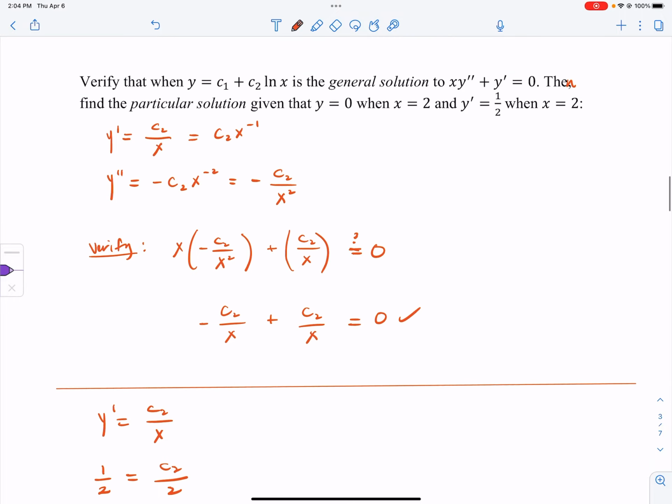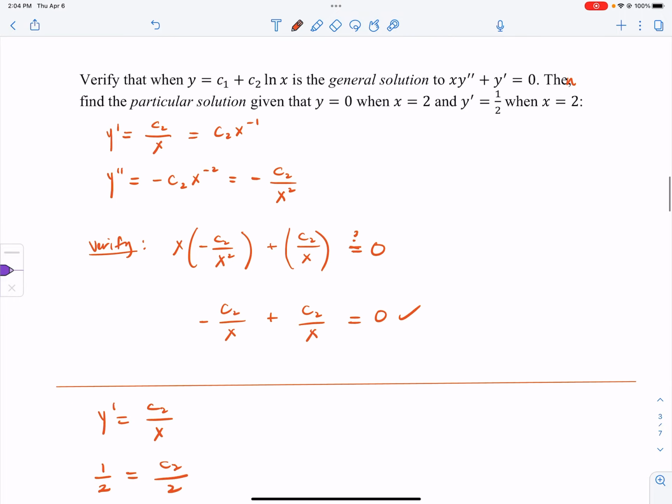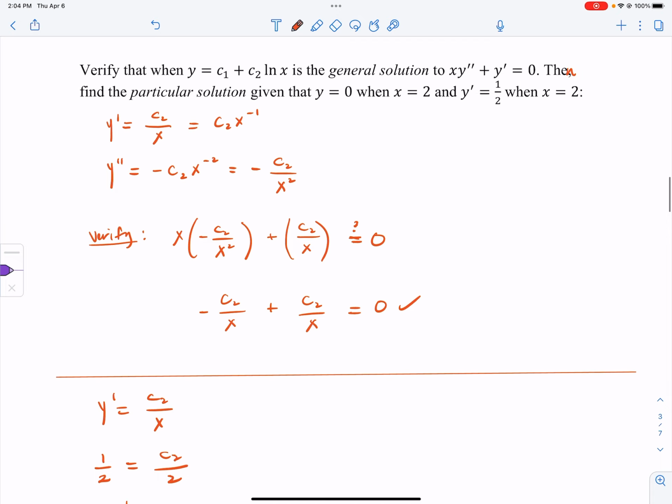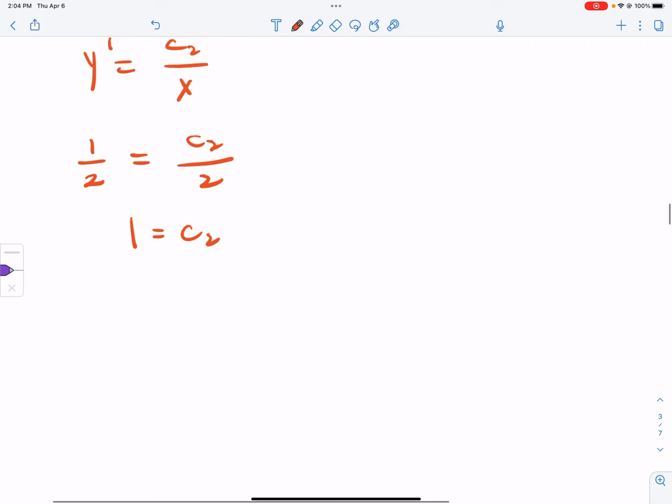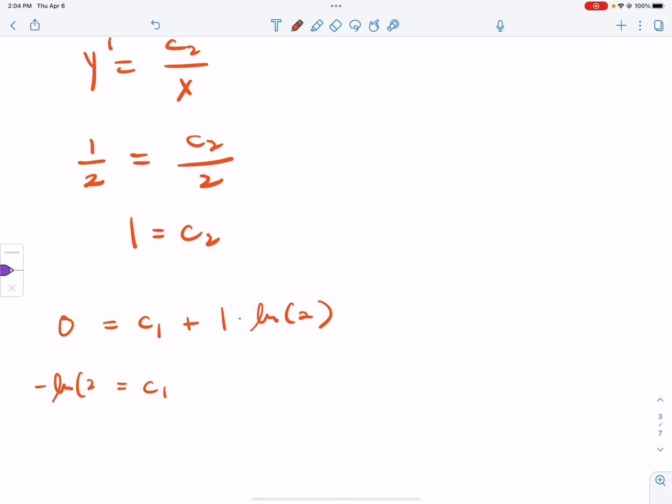Which then we could plug the x, the y, and c sub 2 into the general solution, and then we could solve for c sub 1. So we would have 0 equals c sub 1 plus 1 times natural log of 2. So c sub 1 will end up being equal to negative natural log of 2.